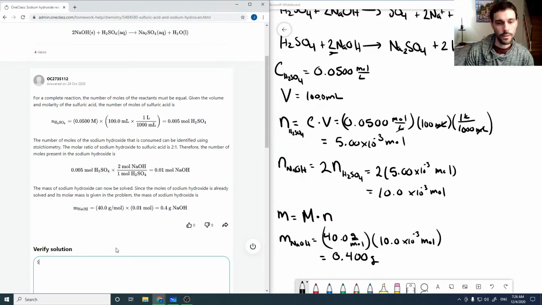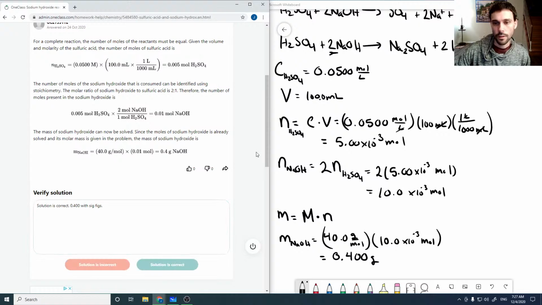So I'd say the solution is correct. 0.400 with sig figs. So that's good.